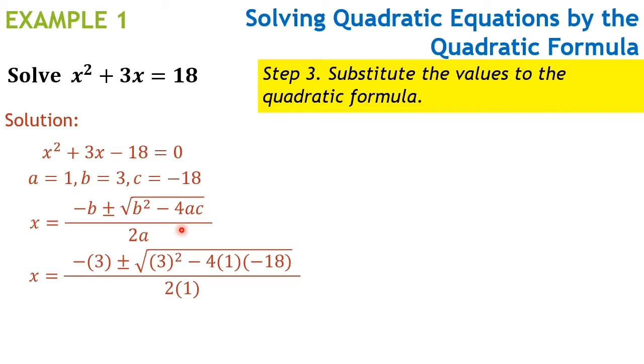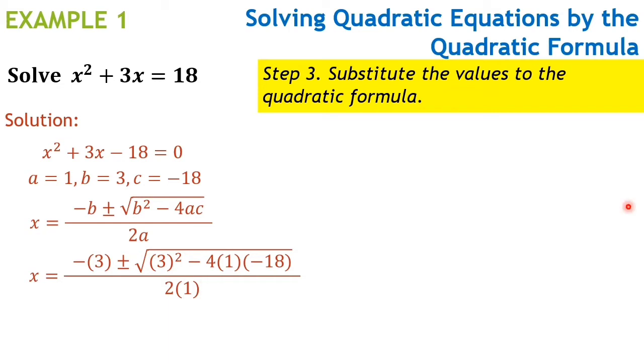The next thing to do is to perform the operations needed in the formula. Here, we need to multiply this by itself, and here, we're going to multiply 3, negative 4 times 1 and negative 18, and here, we're going to multiply 2 times 1.